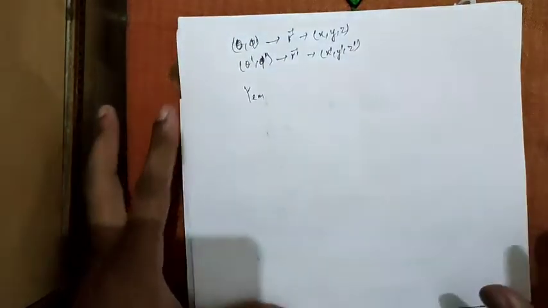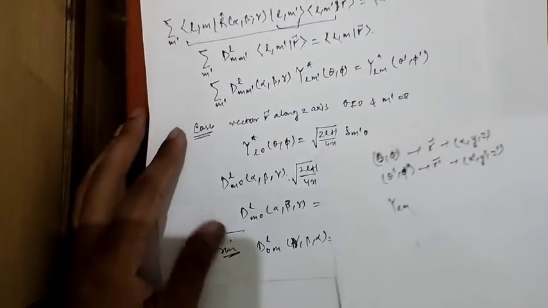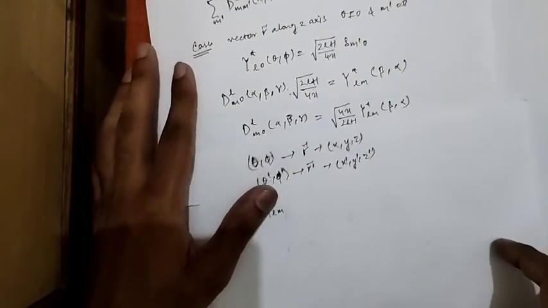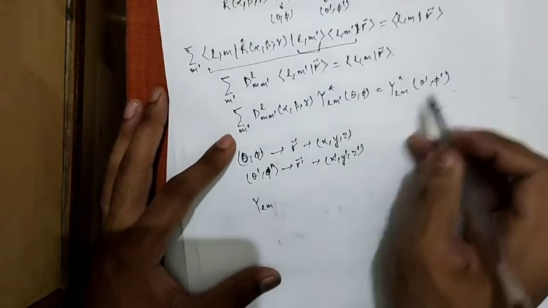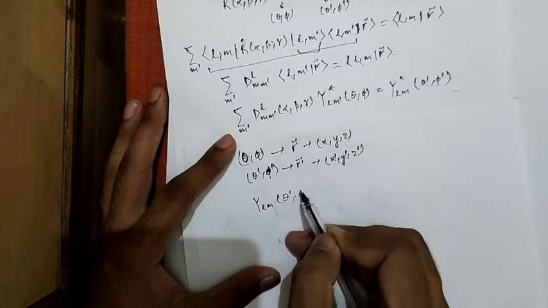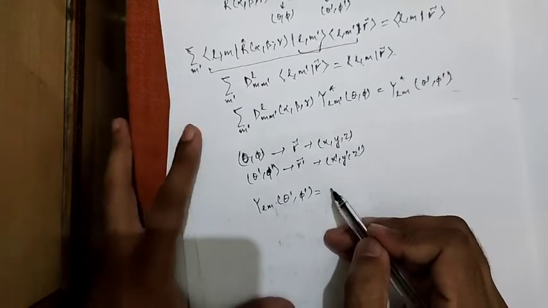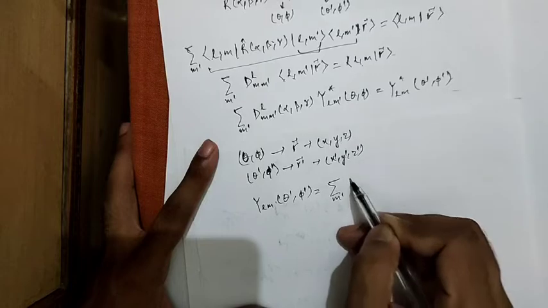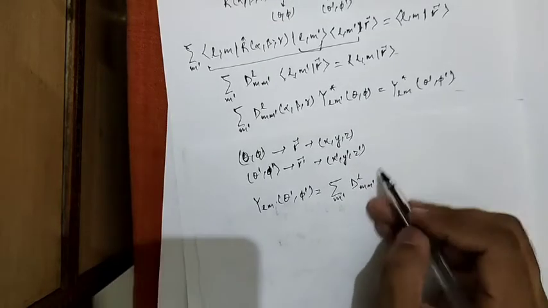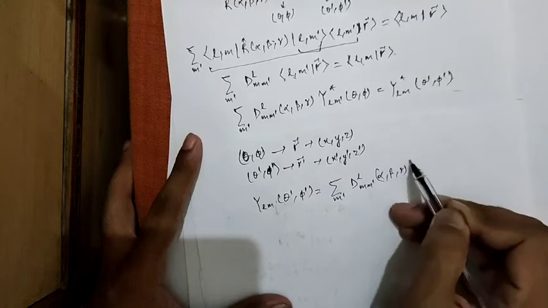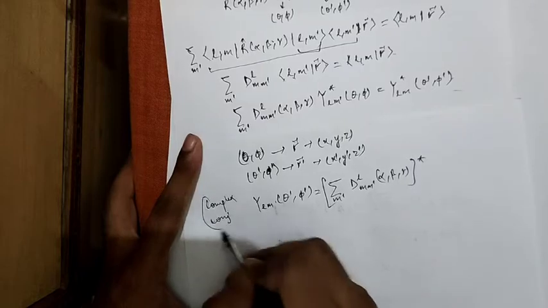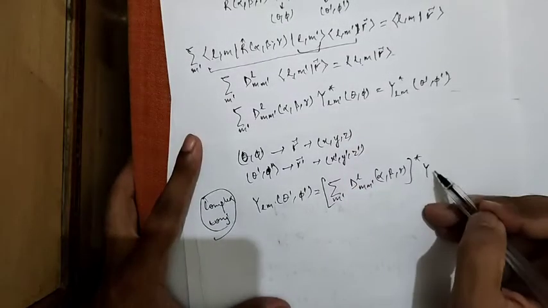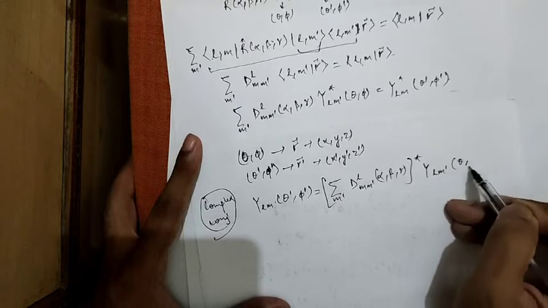As Y_{lm}, the complex conjugate of this quantity is equal to Y_{lm}(theta dash, phi dash) equals summation over m dash of D^l_{m m dash}(alpha, beta, gamma) star, the complex conjugate, Y_{lm dash}(theta, phi).